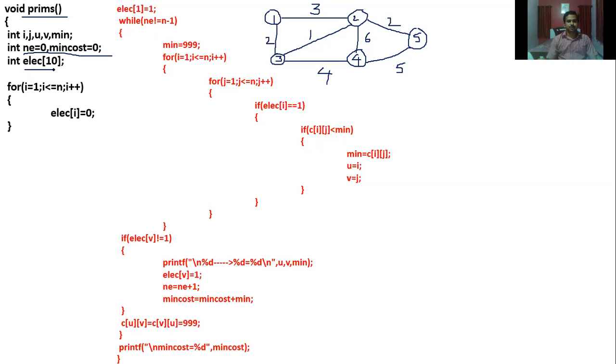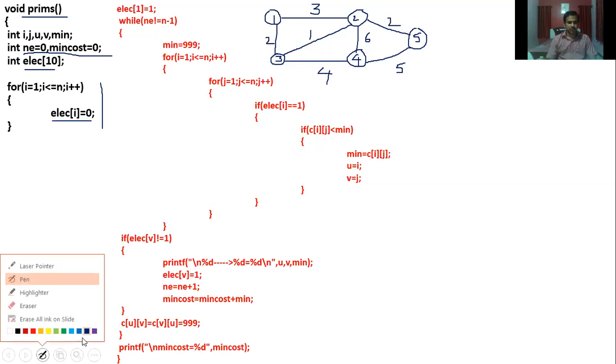And there is a single dimensional vector called elect. I'll discuss this at a later part in the code. This elect vector, initially I initialized to 0. Okay.